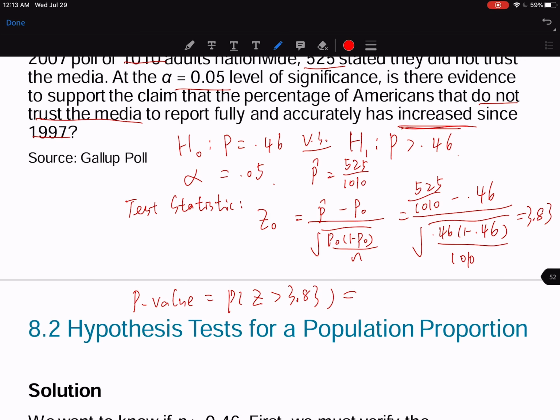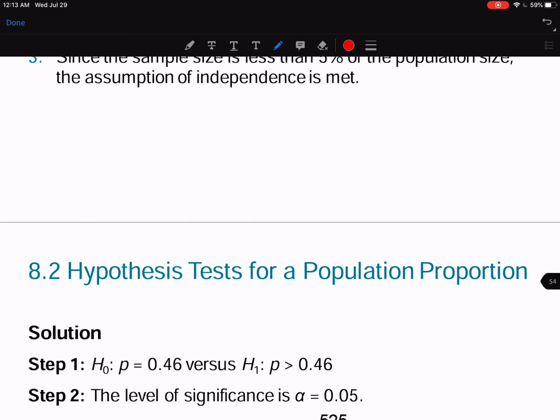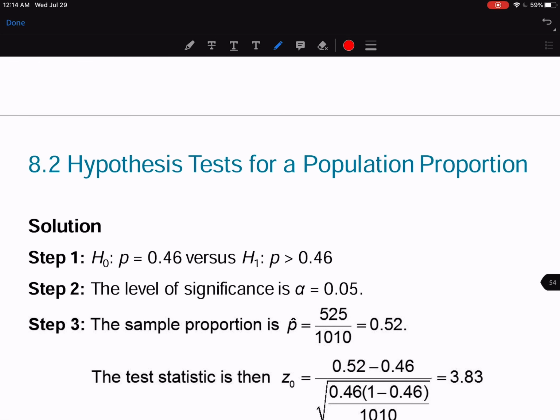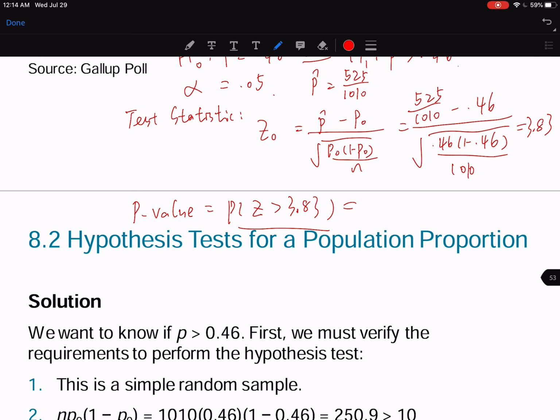Of course, you can always find this probability from whatever calculator or z table. Okay, we won't go over that. So from the z table, this probability is approximately equal to 0. Okay, since 0, of course, is less than 0.05, right?